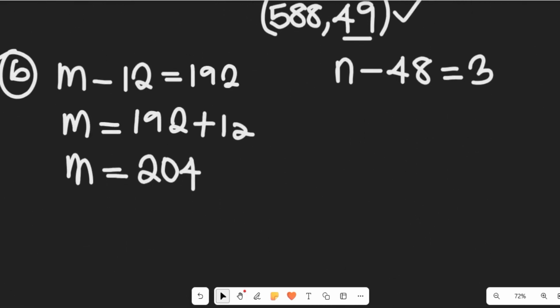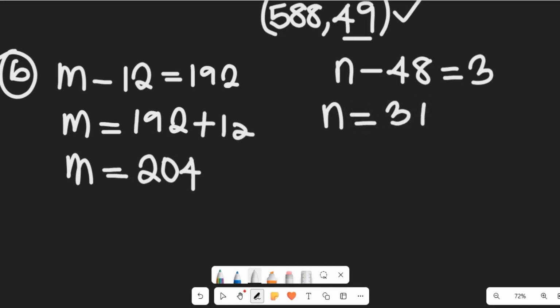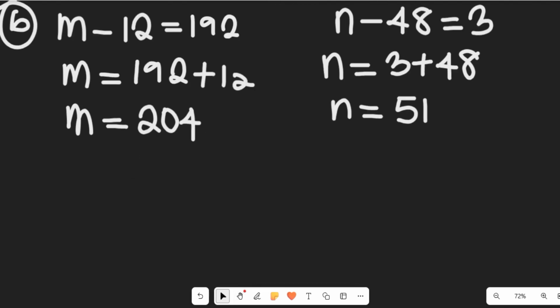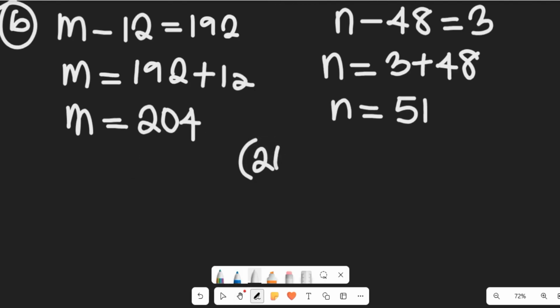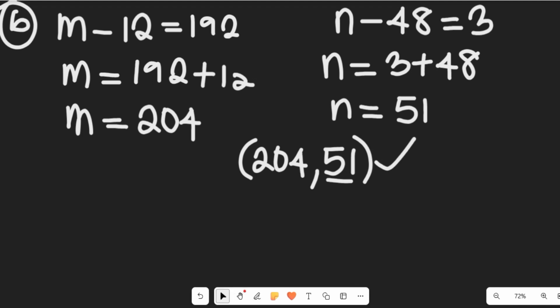So if that is equal to 3, that means n will be equal to 3 plus 48. 3 plus 48 will make n equal to 51. So that means for that pair, if m is 204, then n is 51. So you see that n is still an odd number. That tells us this one is correct.